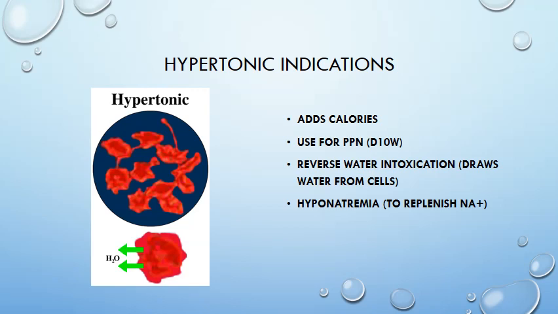Their cells start to swell, and if I have cells in my brain that start to swell, what's going to happen to my brain? Eventually, it's probably going to herniate. So if I have brain swelling and I'm trying to get fluid out of those cells in my brain, I could put an IV in me, put a hypertonic solution in, and that hypertonic solution is going to draw the fluid from the cell into the vascular space.